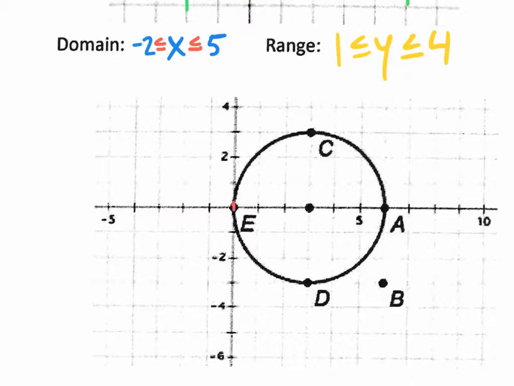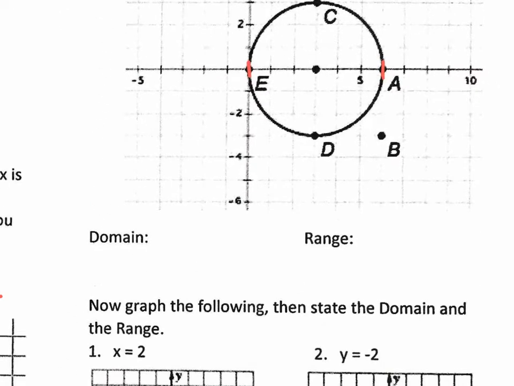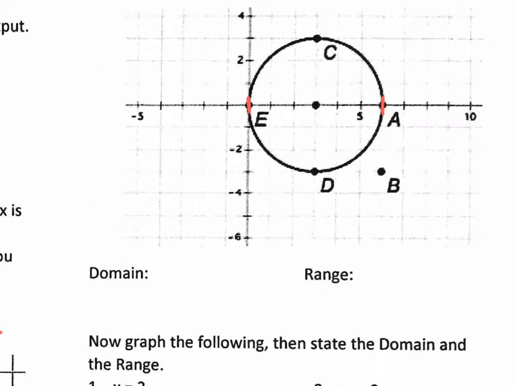Between the 0 and the 6, perfectly. So what is the domain? We're going to say the domain, put the x in the middle, and then what? Smaller number on the left side. What's the number on the left side? 0. Bigger number on the right side. What's the bigger number? 6. Okay, now what symbols belong there? The less than or equal to, the less than or equal to.